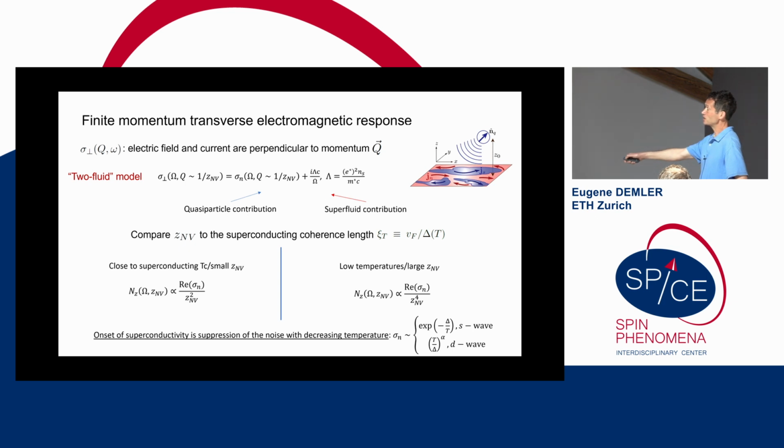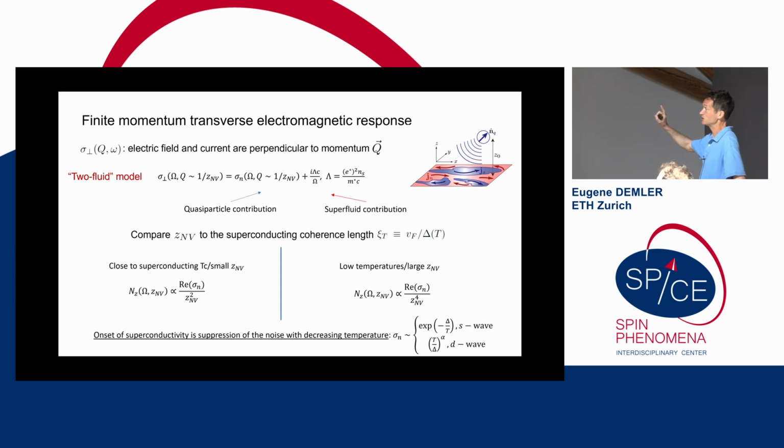But now what we can do is just take these generic formulas which we derived for reflectivity of materials, and put them into formulas for the noise and make predictions for what kind of magnetic noise we expect. First of all, when we talk about 1 over T1 relaxation, it must be proportional to the dissipative part of conductivity, right?